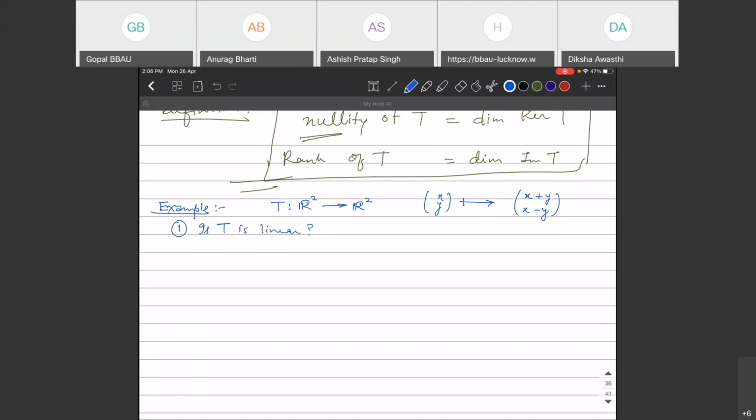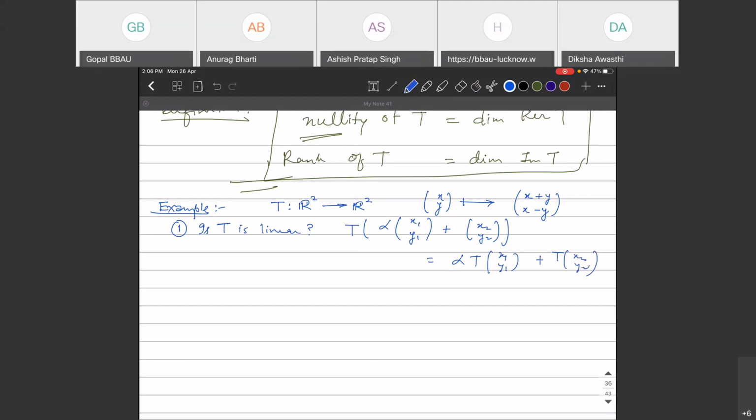For that, we have to see whether T of alpha (x1, y1) plus (x2, y2) equals alpha T(x1, y1) plus T(x2, y2) or not.